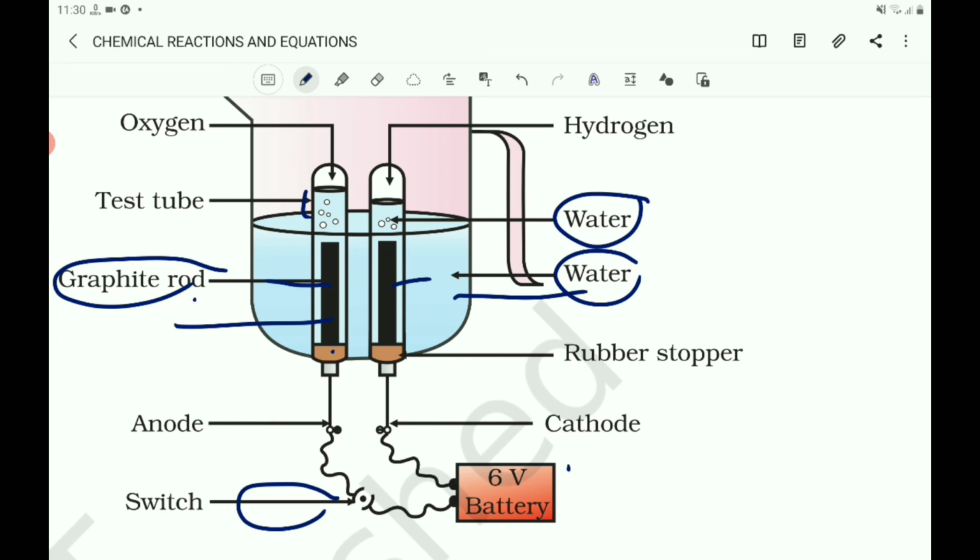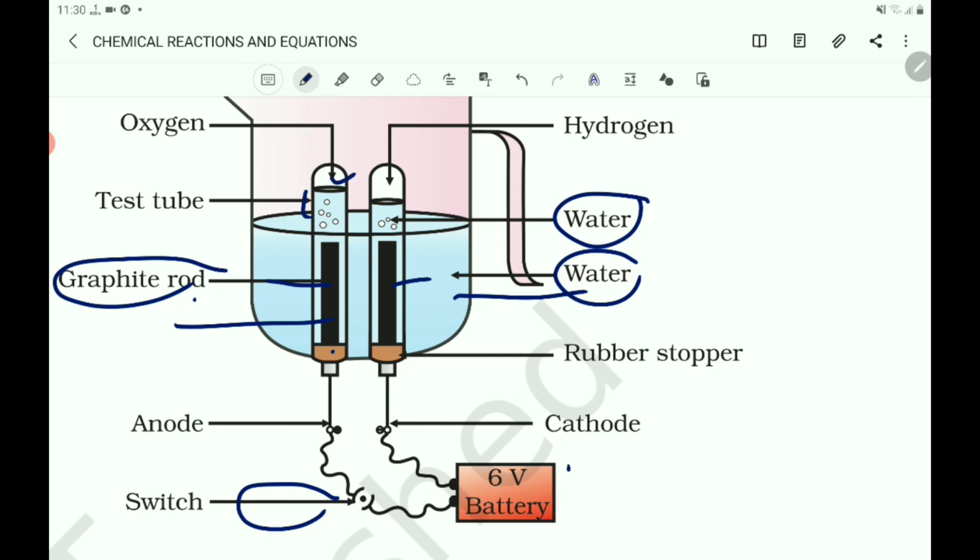Once the test tubes are filled with the respective gases, remove them carefully and test these gases one by one by bringing a burning candle close to the mouth of the test tube.